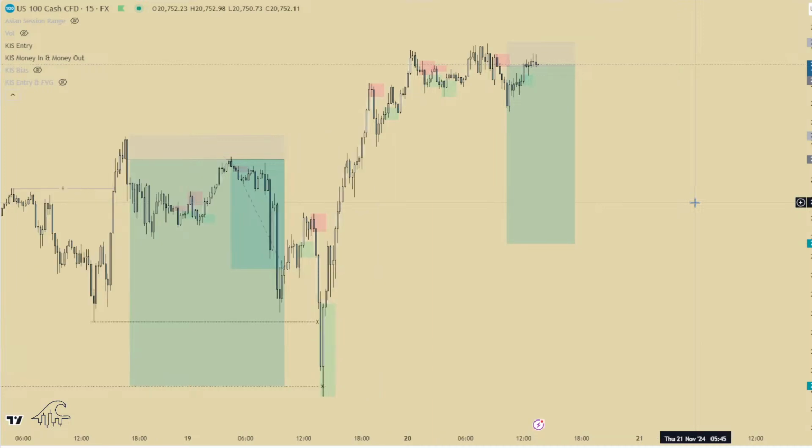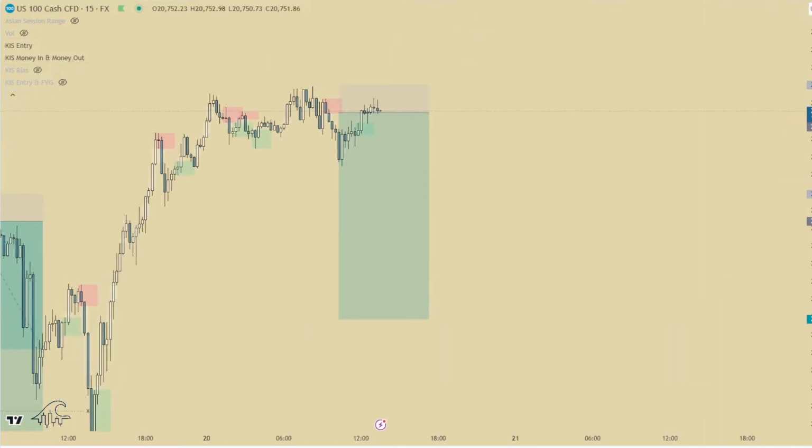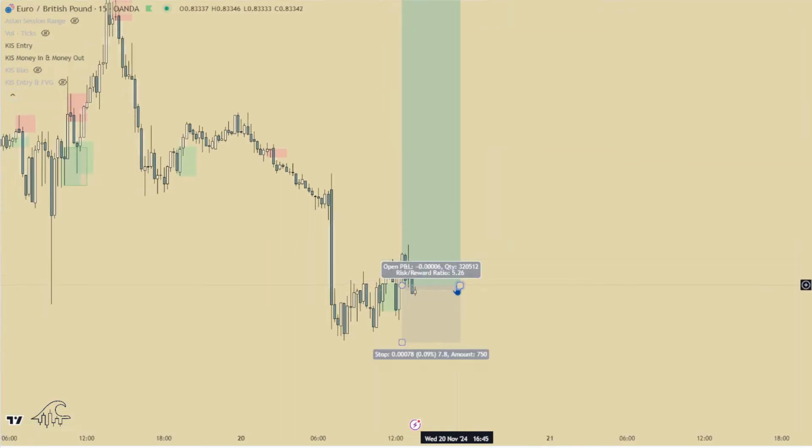Still sitting at the entry point here on NAS 100. Again, still sitting around the entry point here on Euro.